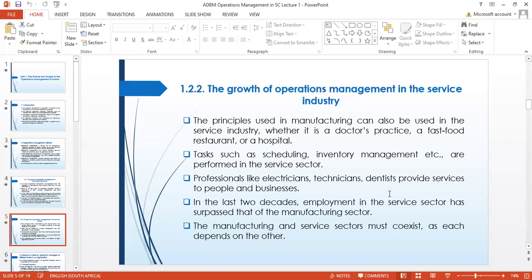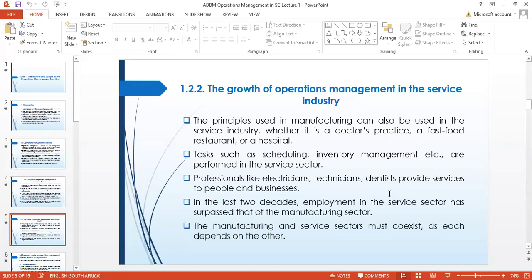So the service sector provides businesses in the manufacturing sector with services. You might have a business that manufactures cars, but you need the services of electricians. You need the services of the technicians. So these two should complement each other.